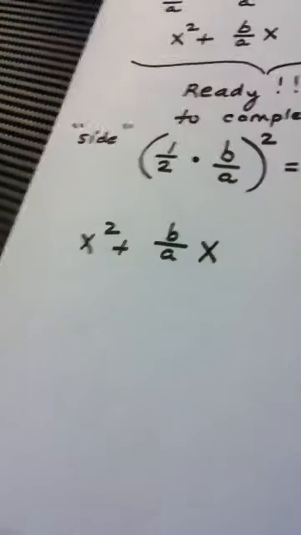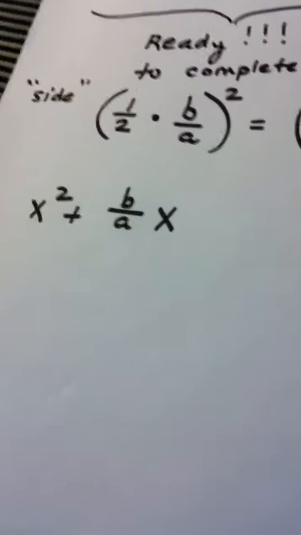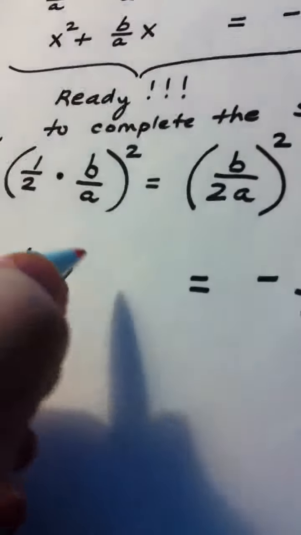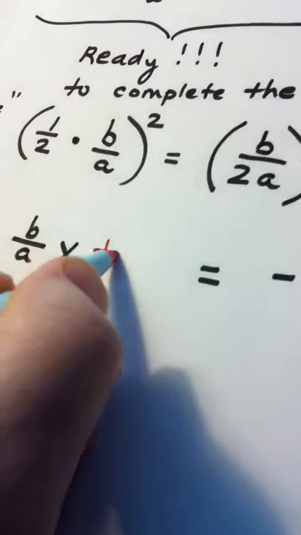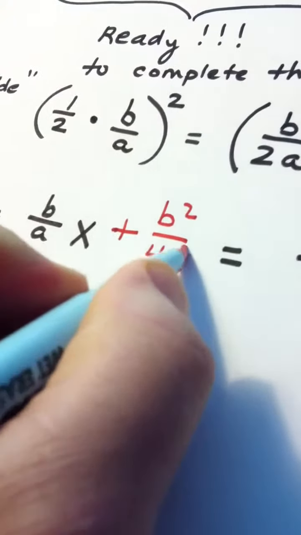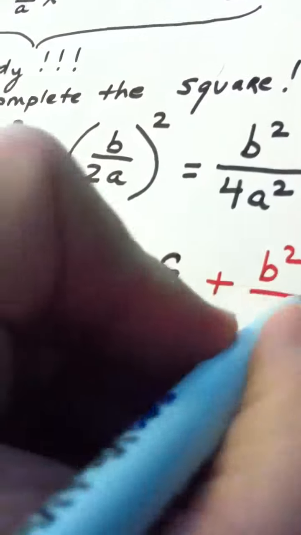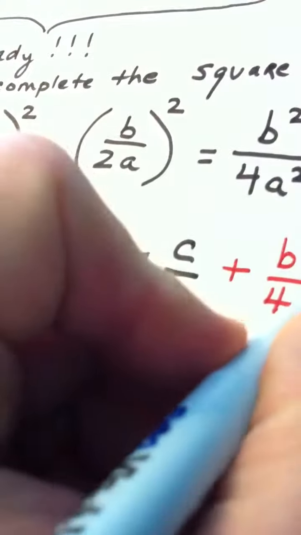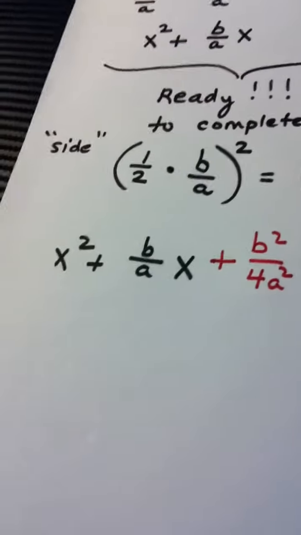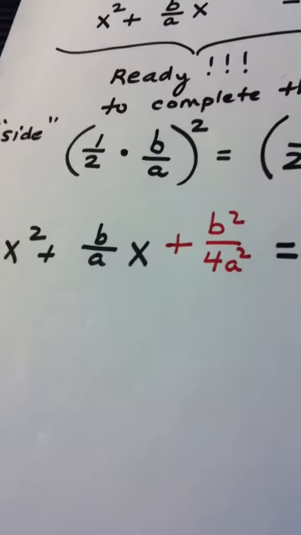Now what I'm going to do is add b squared over 4a squared to both sides of the equation. Okay? Now that completed the square.